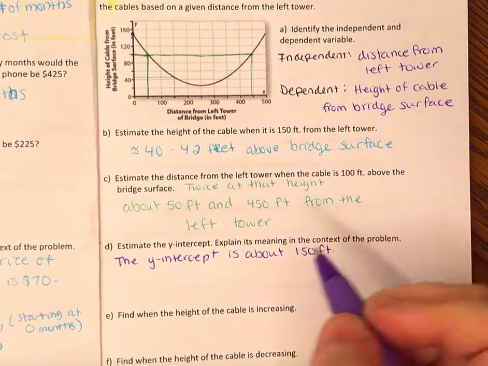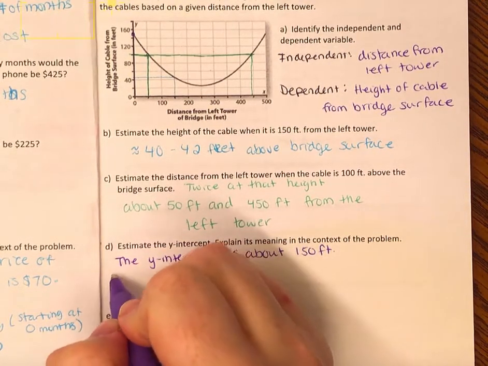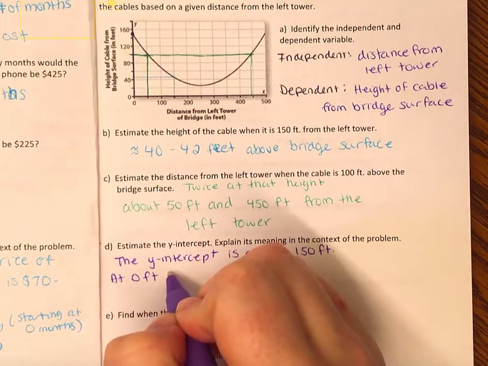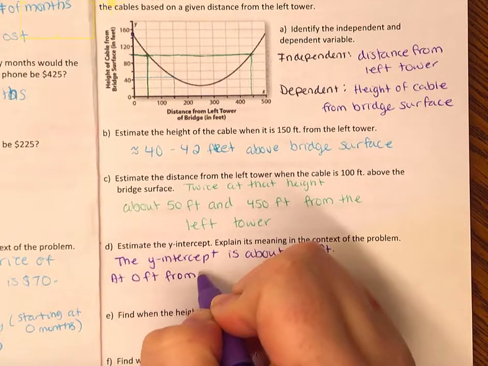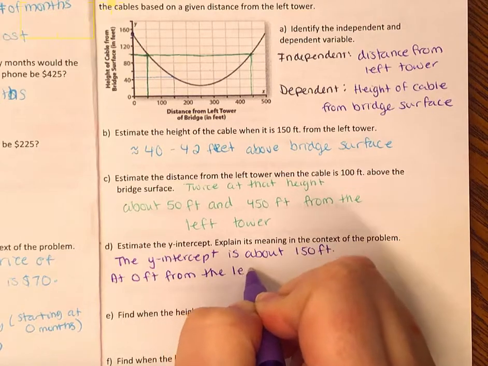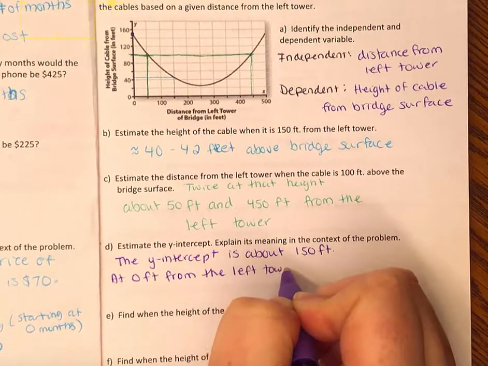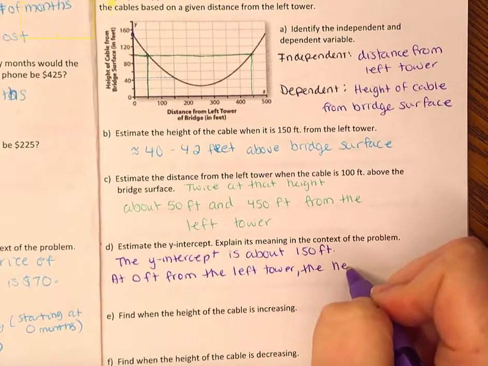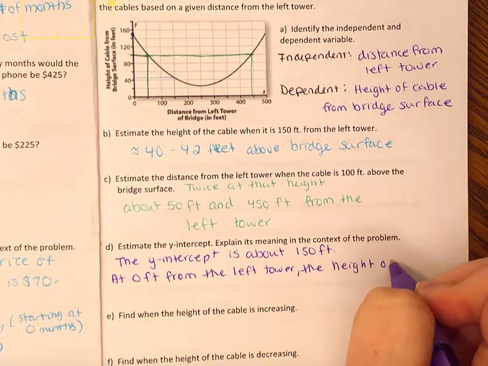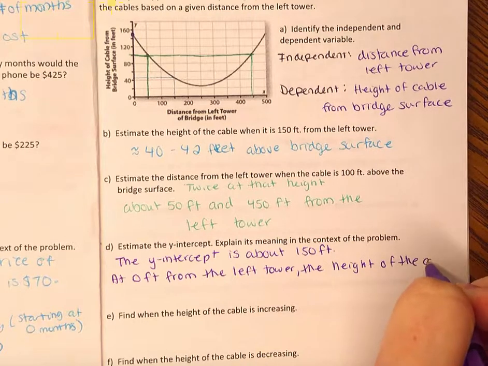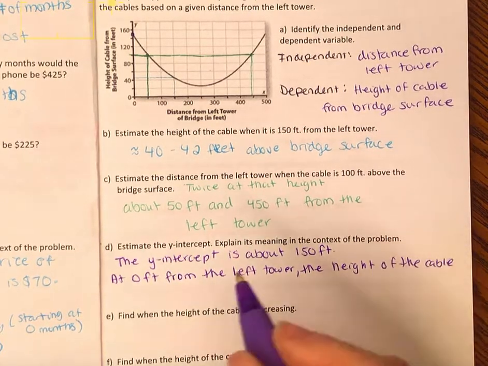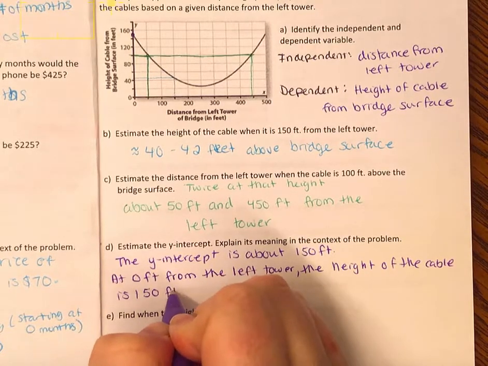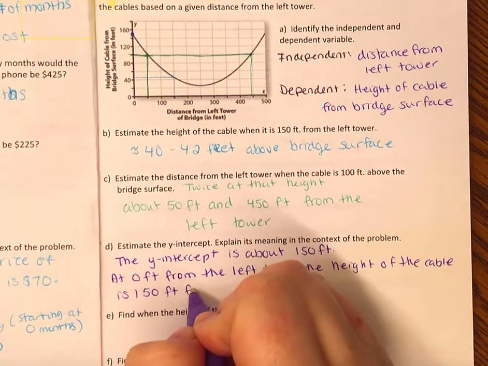So then in the context of the problem, we can say at 0 feet from the left tower, the height of the cable is 150 feet from the bridge surface.